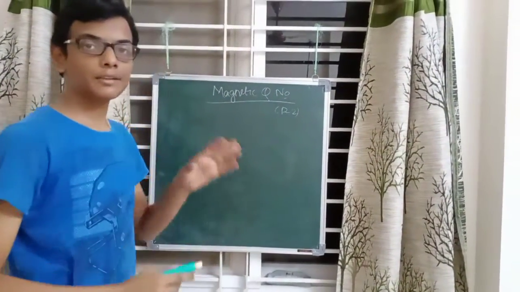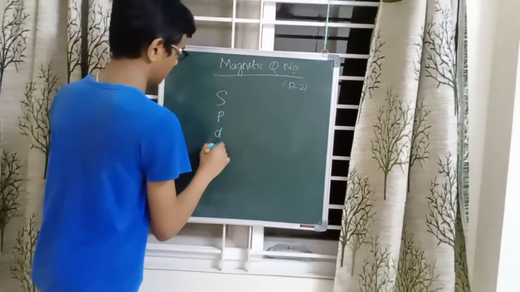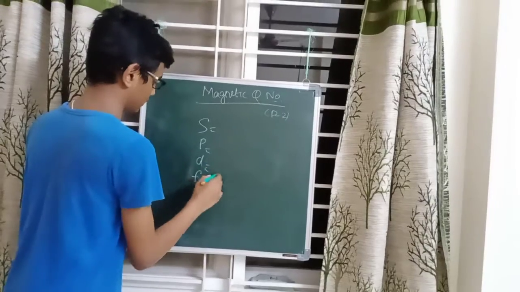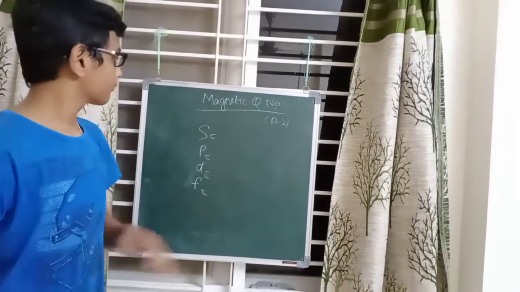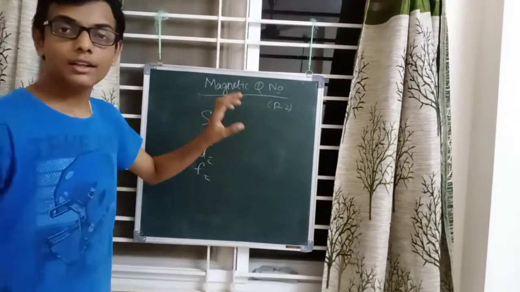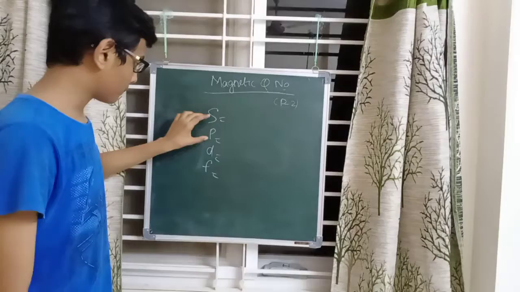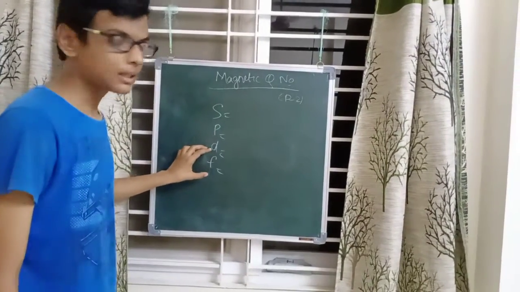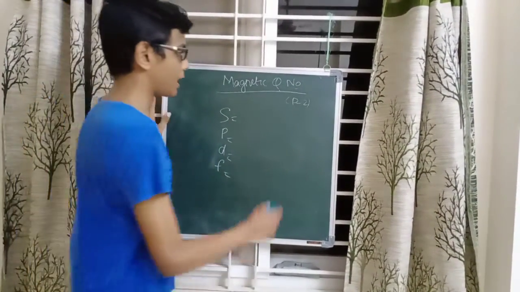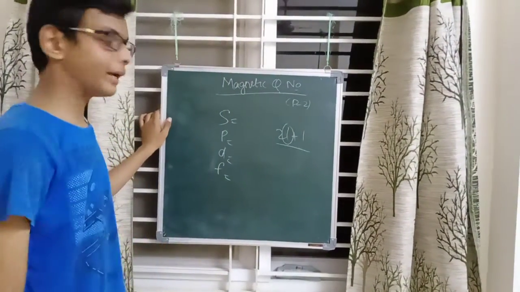We have discussed the 4 shells S, P, D, F. In order to find the orbitals, that is the space orientations of an electron present in the S, P, D or F shells, we were given a formula in the first part of the video, 2l plus 1, where l is the azimuthal quantum number value.